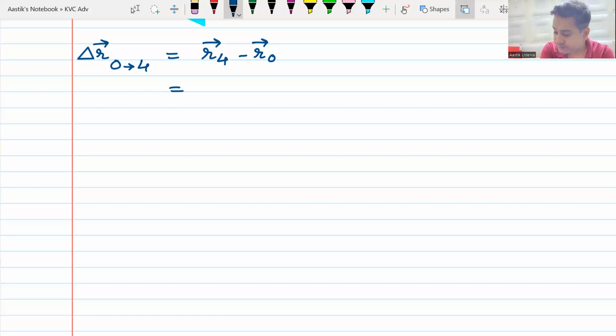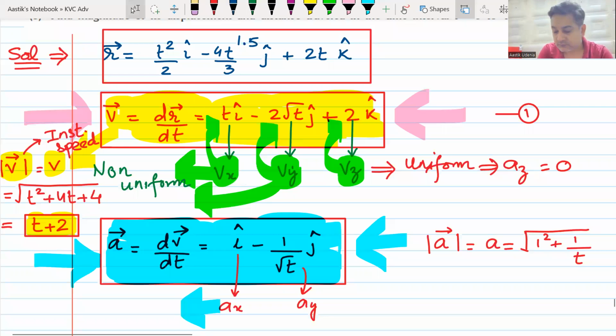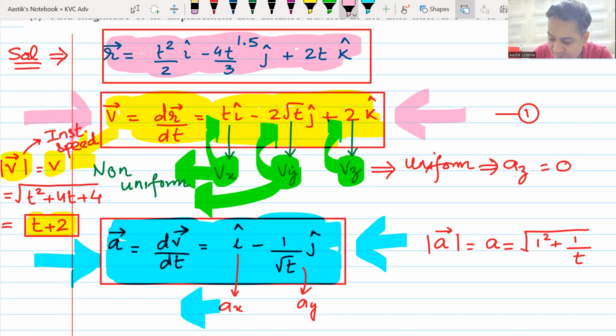Is it so difficult? In this red equation, you just need to put the value of time as 4 seconds. You can do that, yes or no? So tell me the answer, beta.